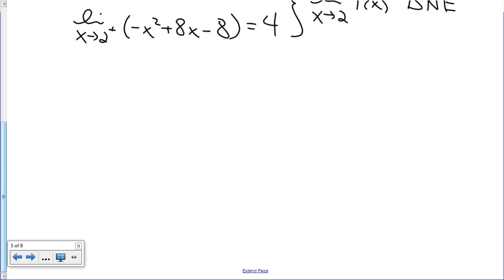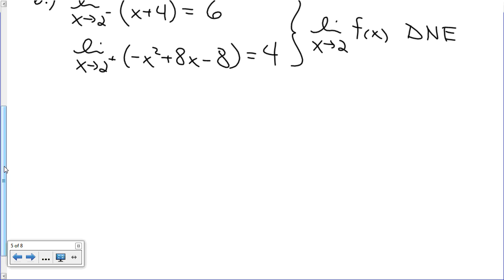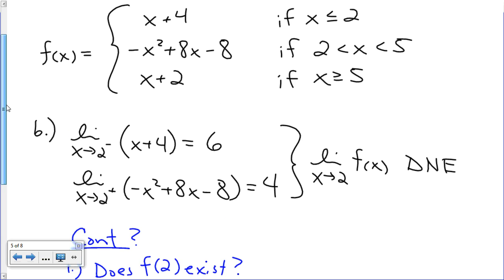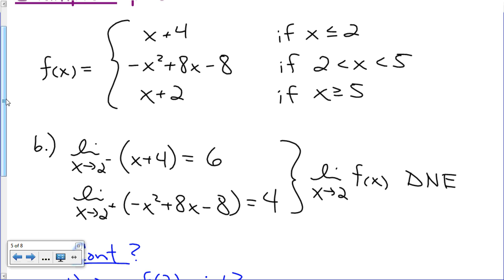So let's go through the definition of continuity. And really these are a series of questions that we need to answer here for ourselves. So the first question we need to answer is, does f of c exist? In this case, we're talking about c being 2. So does f of 2 exist? And according to the definition, if I go back up here to our function, it says that when x is less than or equal to 2, we use the first piece of this function.